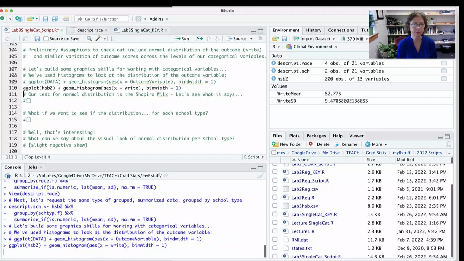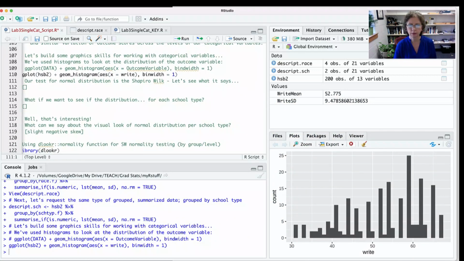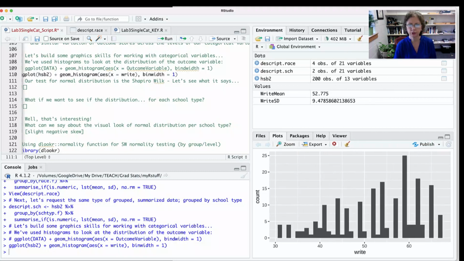Okay. And that'll give us our first look at the distribution of the writing outcome, writing proficiency across all groups, just writing, period.